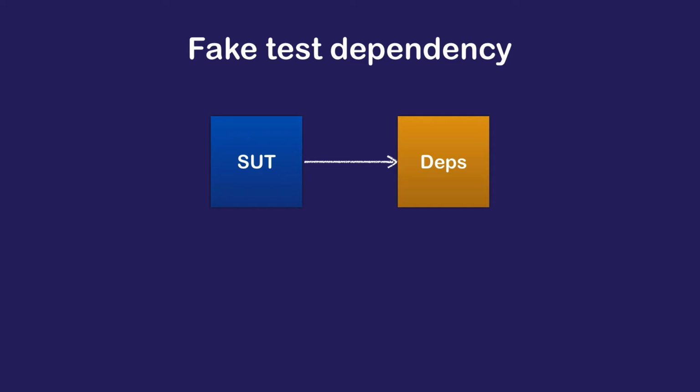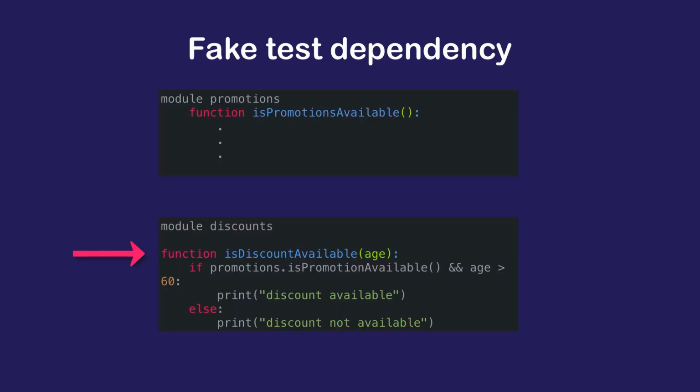A good unit test should not be affected by the changes in the dependencies of the SUT. So, a common technique is to replace the dependencies with a fake version that we can control. For example, consider a function that takes the age of the passenger and prints whether he or she is eligible for a senior citizen discount when a promotion is available.